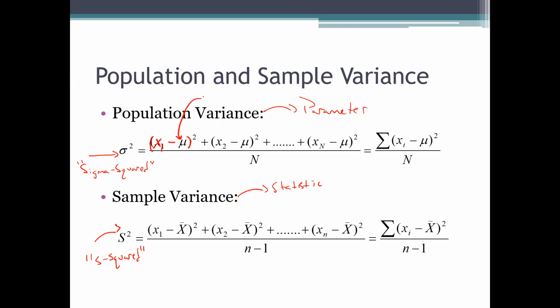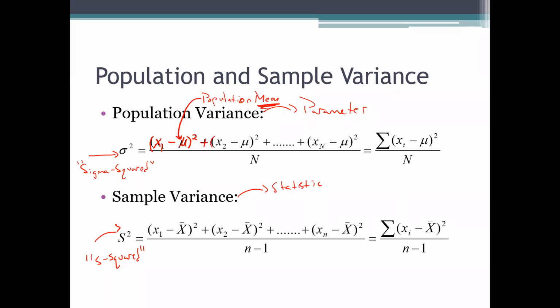It's the population mean. So you take the first value in your data set and subtract away the mean. That tells you how far the first data value is from the mean. And then you square it. I'll explain why you square it in a little bit.